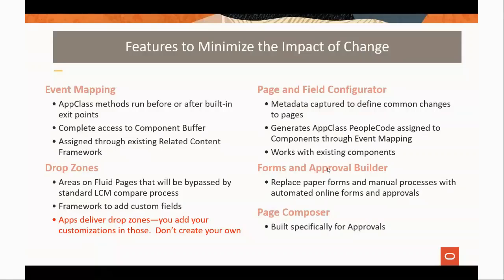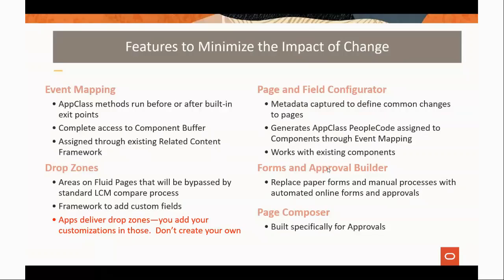It's a great tool to let people address the most common changes people make in their pages. So, hiding fields, changing labels, hiding entire pages, all sorts of things. Very common changes. And you can do this in a very simple Tile UI.